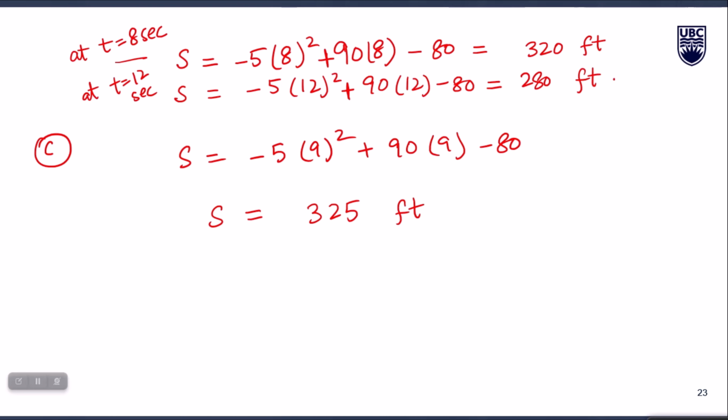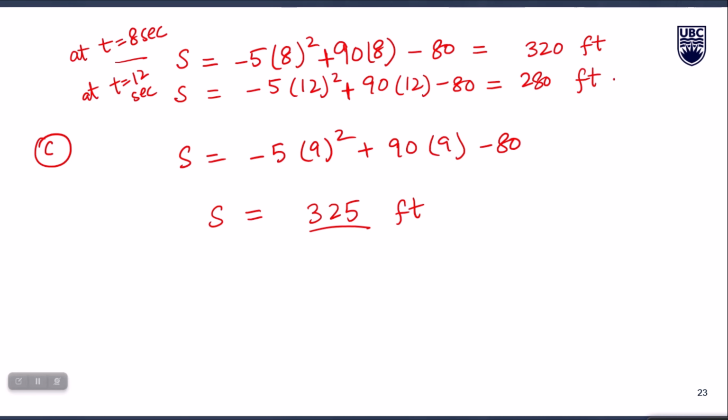So it went as much as 325 feet and then started coming back to you, or changed its direction. At 9 seconds it was at this distance, and that can be confirmed because velocity was changing its sign at t equal to 9 seconds. It was becoming negative from a positive value, right? So this part C doesn't require you to do many calculations.